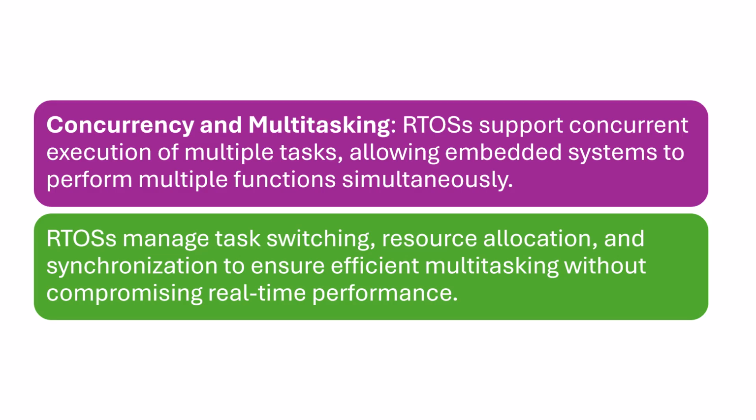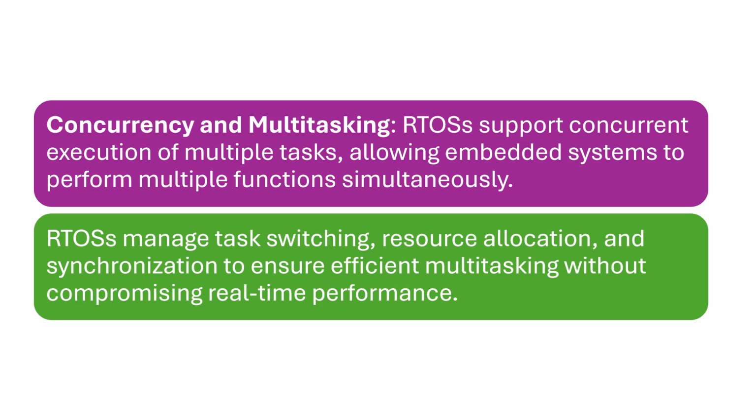Concurrency and multitasking. RTOS support concurrent execution of multiple tasks, allowing embedded systems to perform multiple functions simultaneously. It can do two things at the same time. RTOS manage task switching, resource allocation, and synchronization to ensure efficient multitasking without compromising the real time.